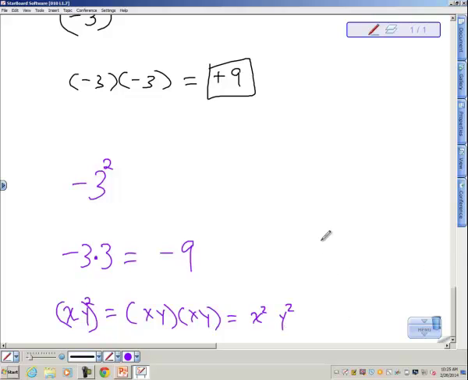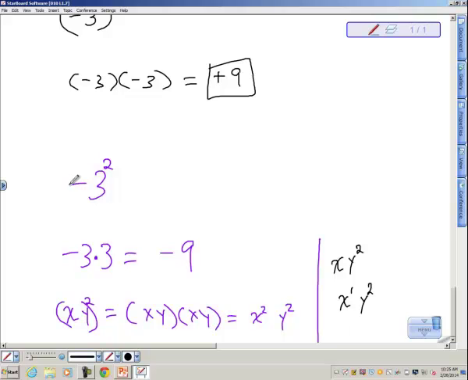But if you only had x y squared, with no parentheses, this is x to the first, and just the y is squared, not the x. So it's kind of the same thing.